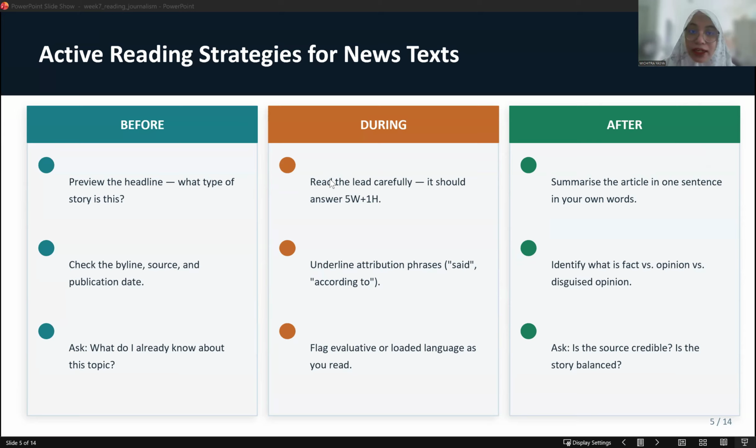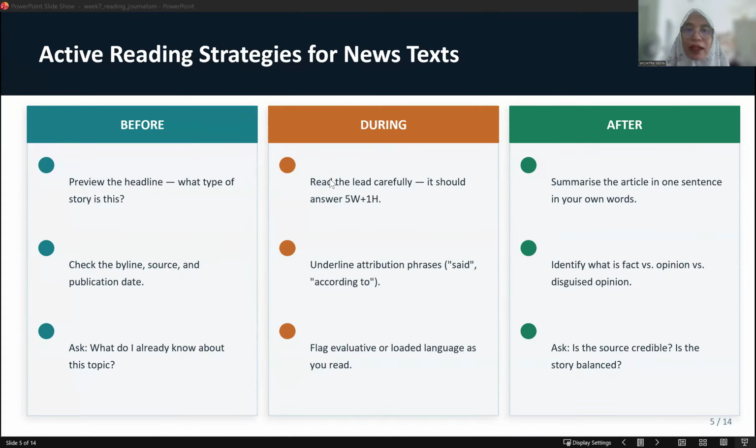And during reading, read the lead carefully. The lead should answer the 5W and 1H questions: the who, what, where, when, why, and how. And underline attribution phrases. Attribution means which person the phrases are attributed to. Jadi disematkan pada siapa gitu ya.